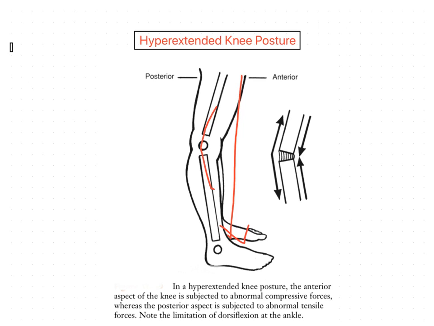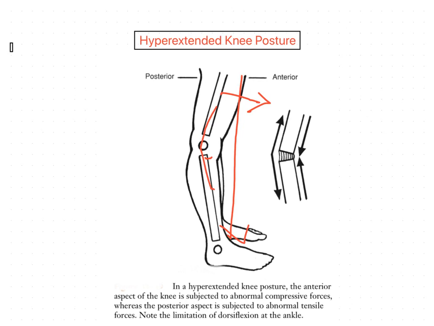The anterior location of the LOG causes an increase in the external extensor moment. So what is going to happen if LOG falls like this? The femur, the proximal segment, will move anteriorly, which causes hyperextension at the knee joint.